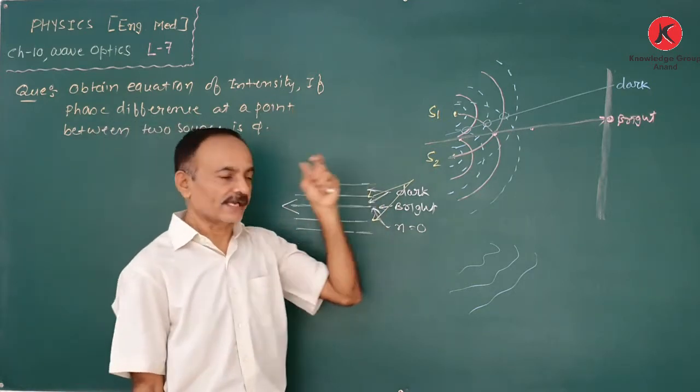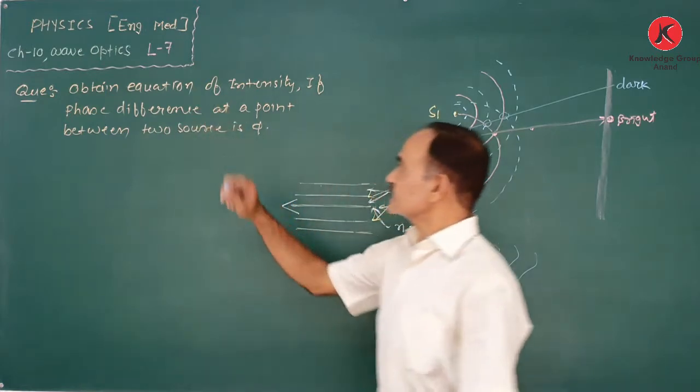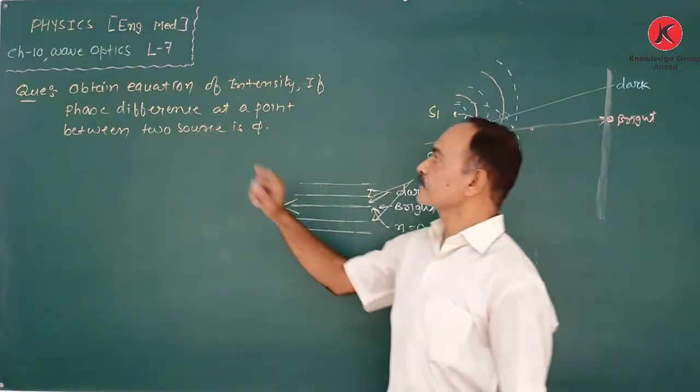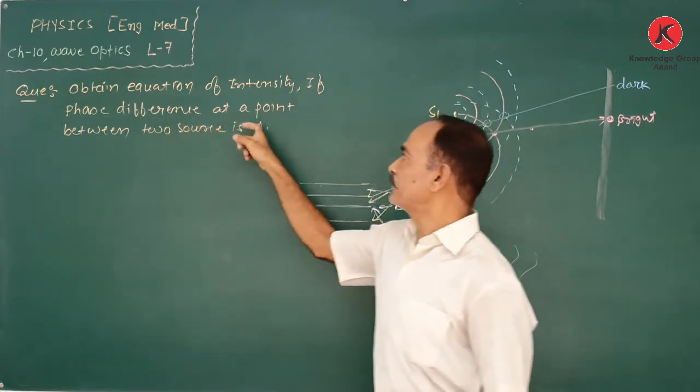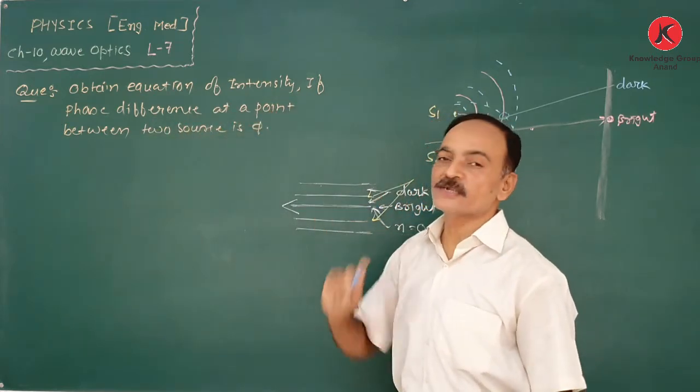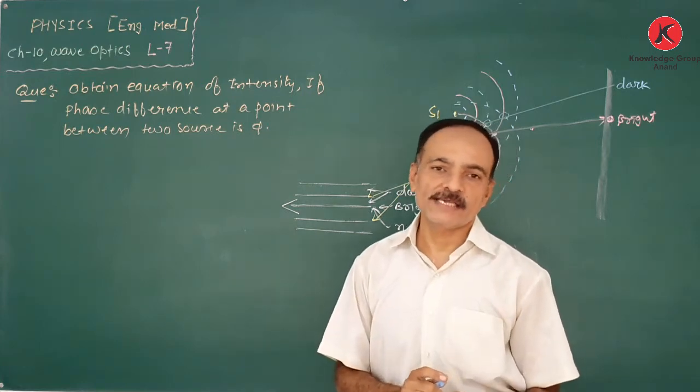Now today we are going to discuss what the intensity is at a point if the phase difference at this point between the two sources is phi.